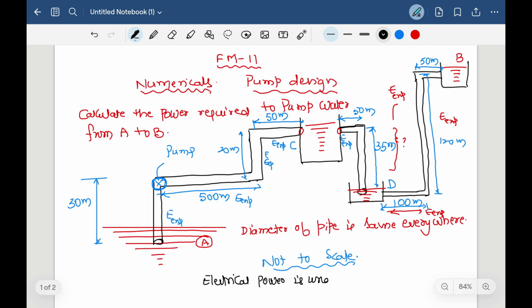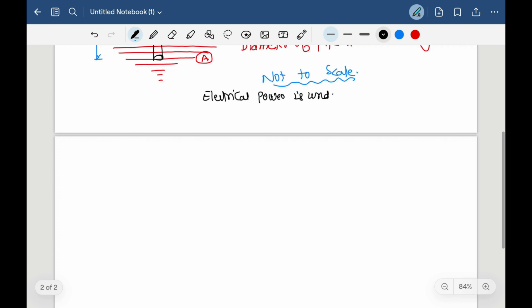Here you see, I will not tell anything. From the diagram itself, we observe the things, we understand the things. That means, first of all, the pump requires electrical power. How is electrical power measured?